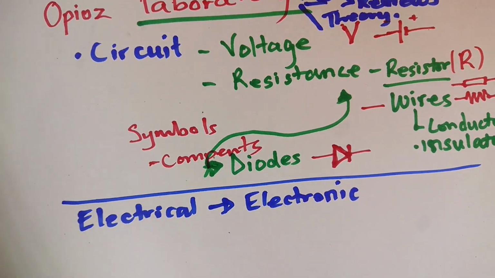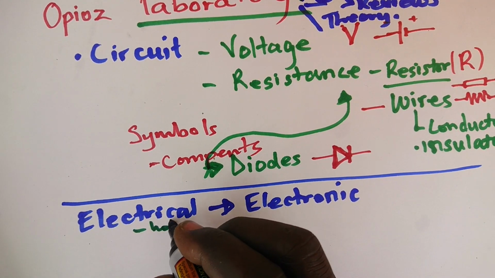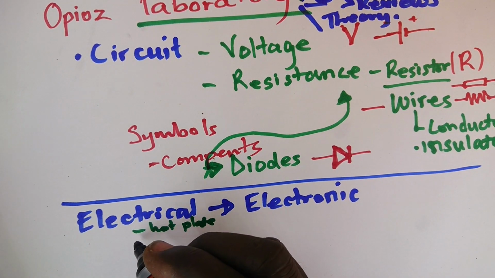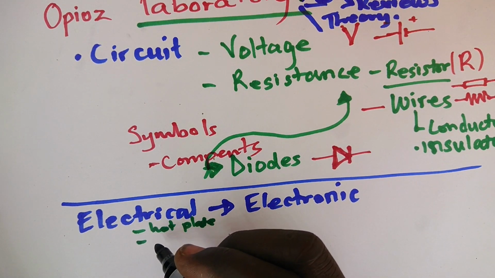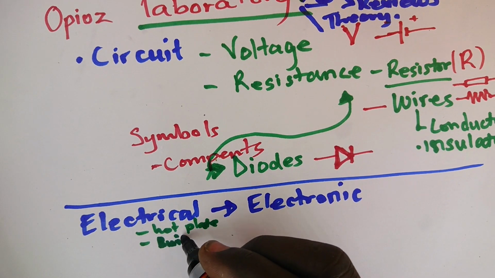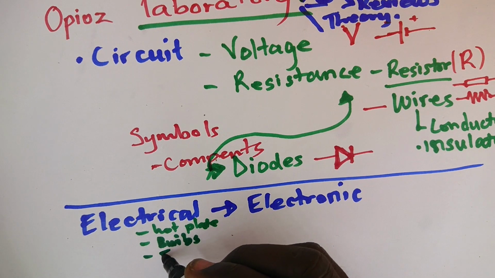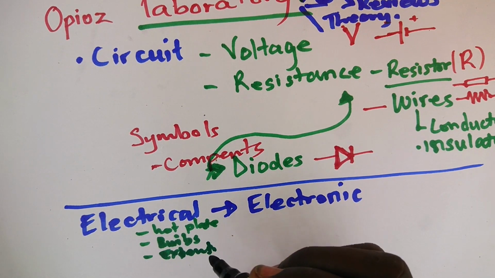So now electricals, here we shall have your hot plate, some of those things you used to cook with, or you call it a heating coil. You can have your bulbs, which are just to give you light, and then you can have an extension, some things of the sort.